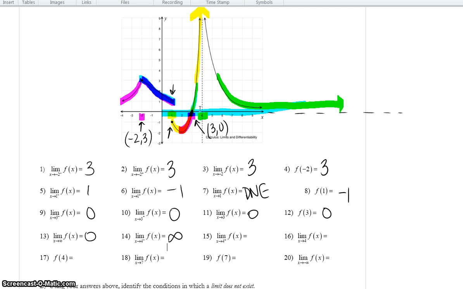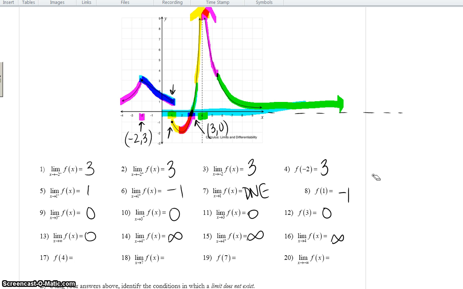And number 15, the limit as x approaches 4 from the right, f of x approaches what? Again, it just keeps going straight up and it never touches 4 because of that asymptote. So this is also infinity. So the limit as x approaches 4 of f of x is infinity.